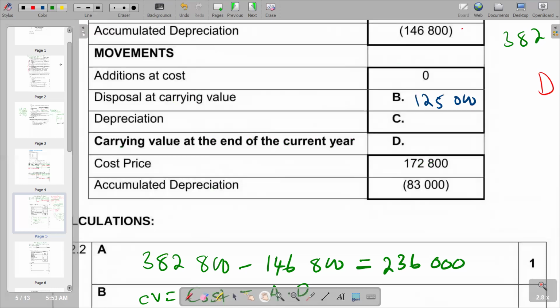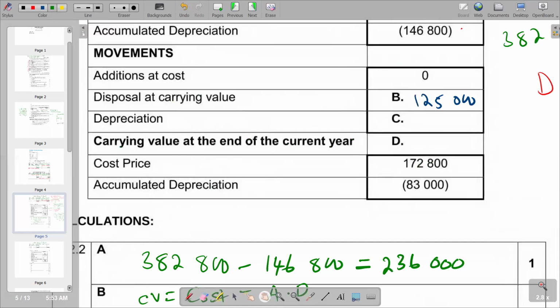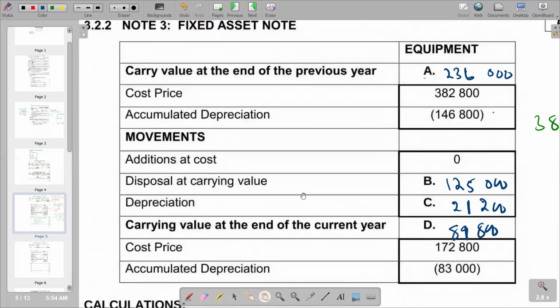You are then left to obtain the carrying value at the end. Very simple: 172,800 minus 83,000, then you get 89,800. So this is what we have on this part. That is our fixed asset note.